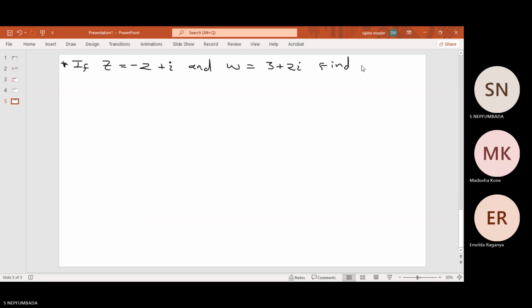Find the expression of number A. It says Z plus 2W. Let's first answer A.